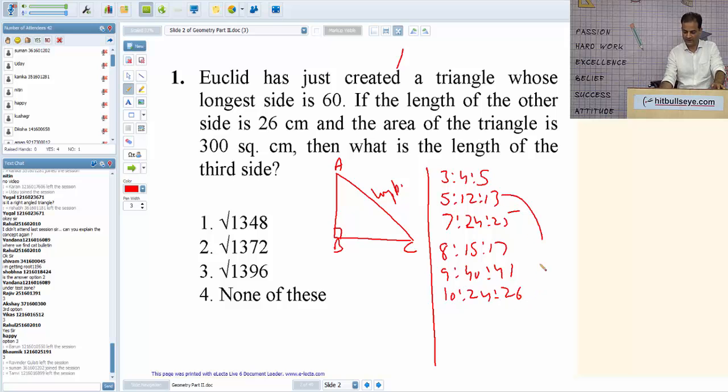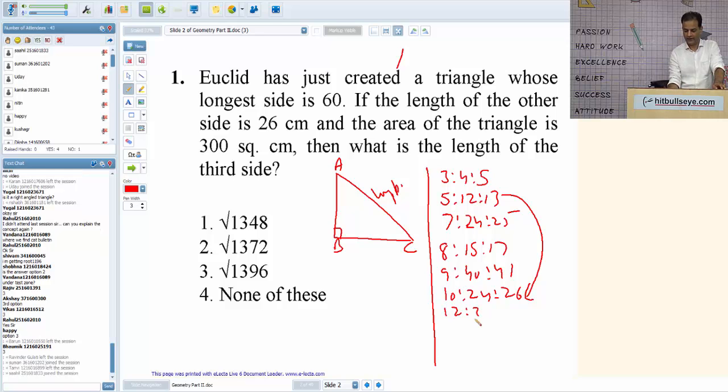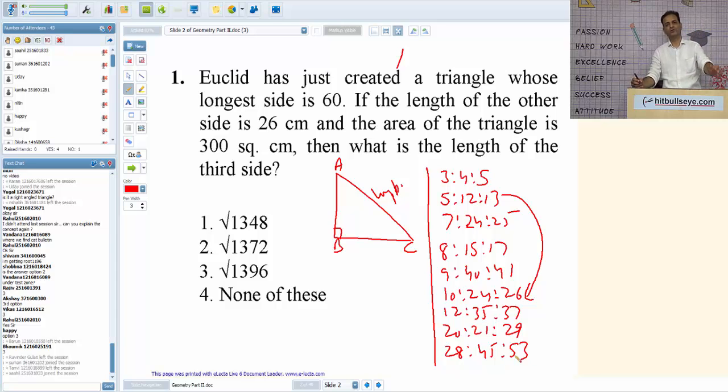Can you see the relation? It is double of 5, 12, 13. Then 12, 35, 37; 20, 21, 29; 28, 45, 53. These are the common triplets which you should know.